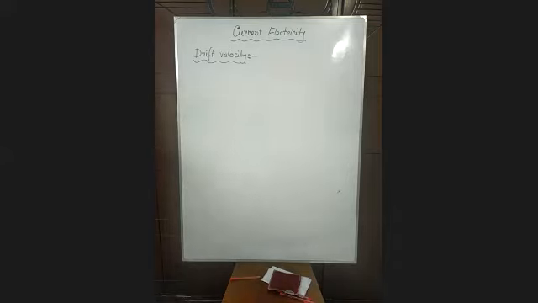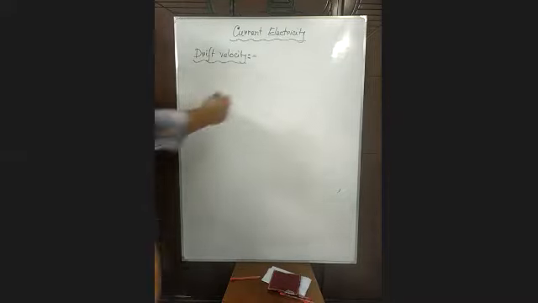The velocity of charge on a conductor, everybody should write this, the velocity of charge on the conductor due to the potential difference between the two ends of it is called drift velocity v.